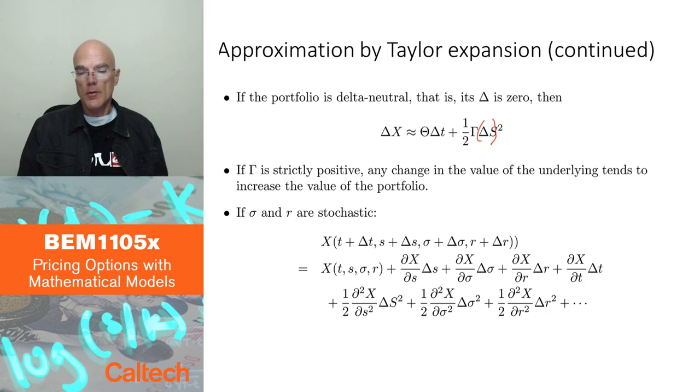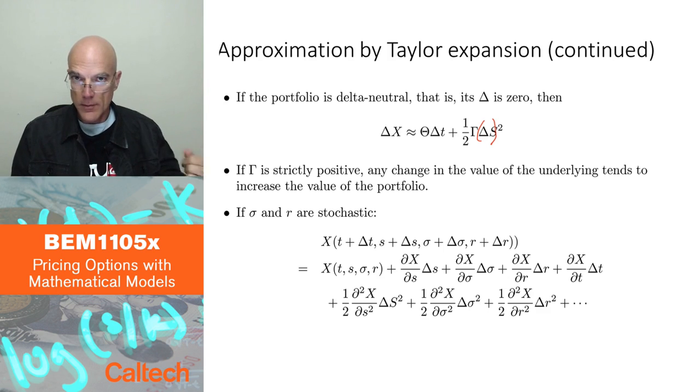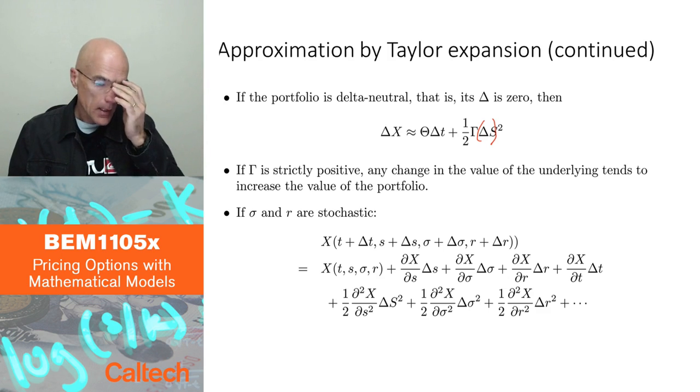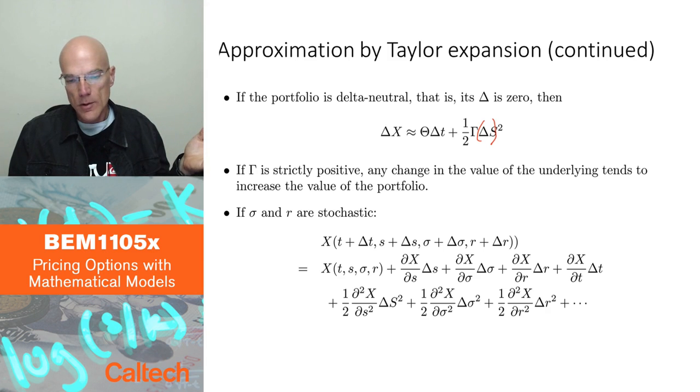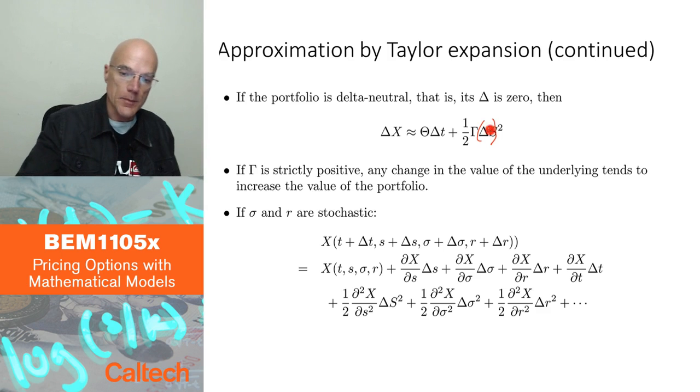So already we talked about having too large positive or negative gamma. It may not be good for you because it means you have to trade frequently to reduce the risk. But also, it's better that it's big on the positive side and not on the negative side, from this approximation.